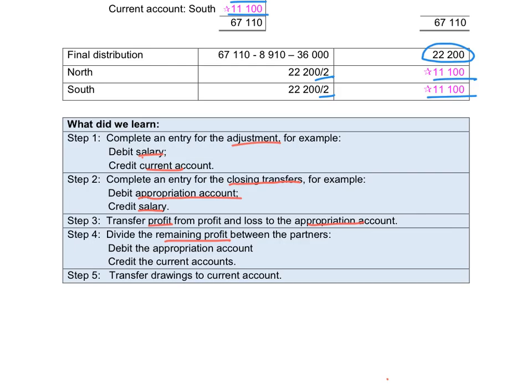To record the remaining profit, we will debit the appropriation account to close the appropriation account, and we will credit the current accounts to show that this amount is outstanding to the partners. Then we will transfer the drawings to the current account, and the balance after all these entries were completed will be the actual outstanding amount that will be recorded in the balance sheet.